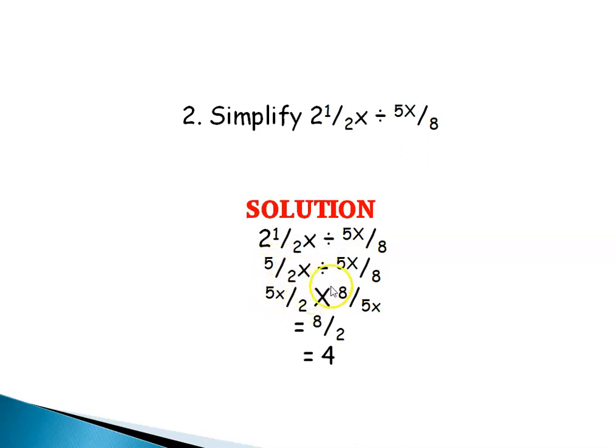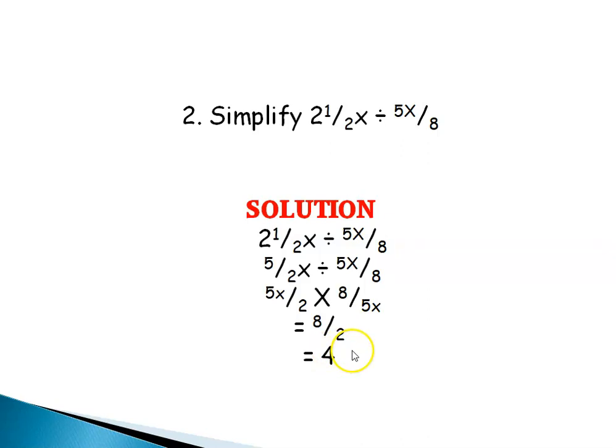I'll change this to multiplication and then bring my 8 to be the numerator and my 5x becomes the denominator. Alright, this way now 5x can cancel out 5x, so I'm left with 8 divided by 2. So 8 divided by 2 is 4. And so my answer is 4.